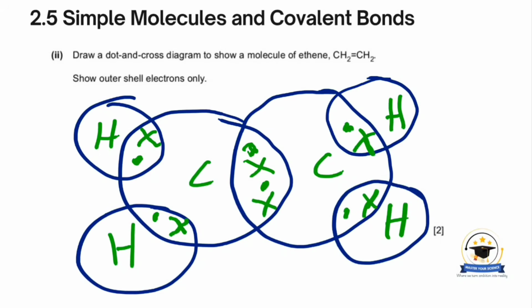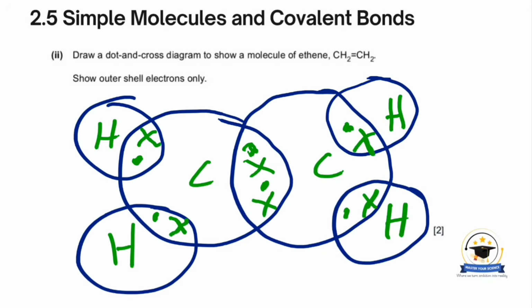So if we look now at the electrons that are surrounding carbon, that will be 1, 2, 3, 4, 5, 6, 7, 8 electrons. It has achieved its noble gas electronic configuration, and it has 2 covalent bonds.